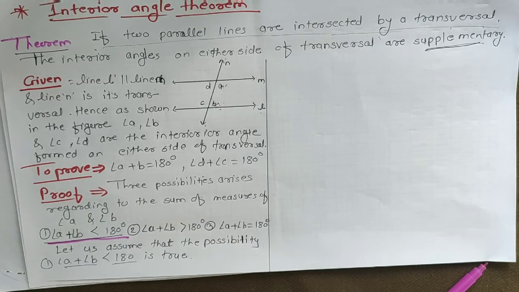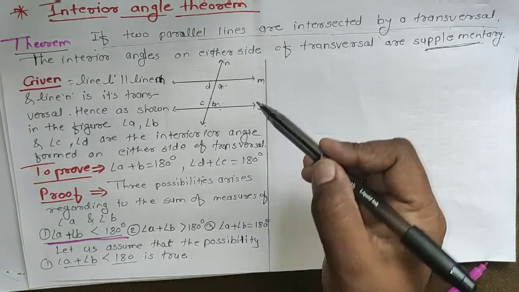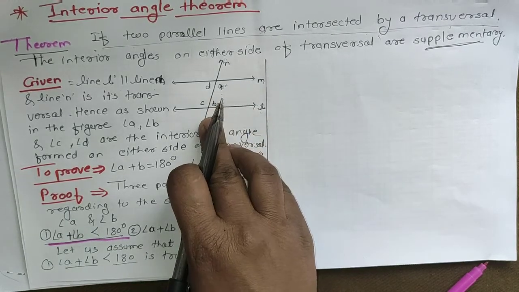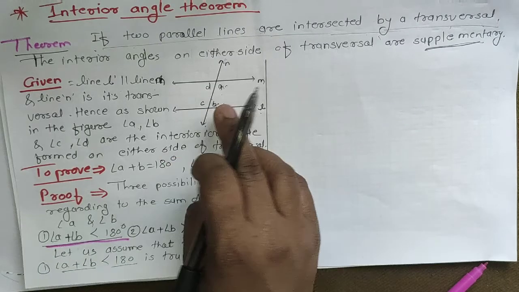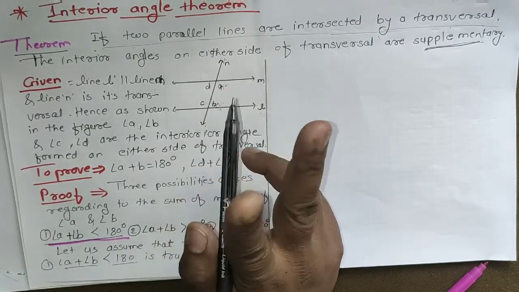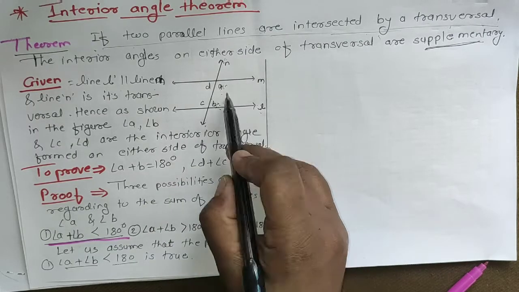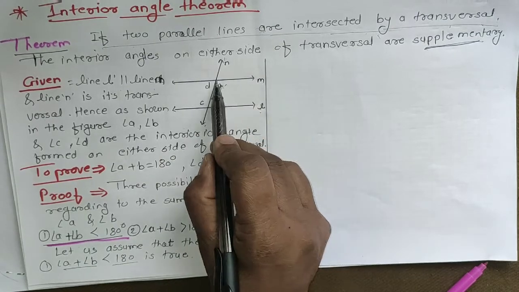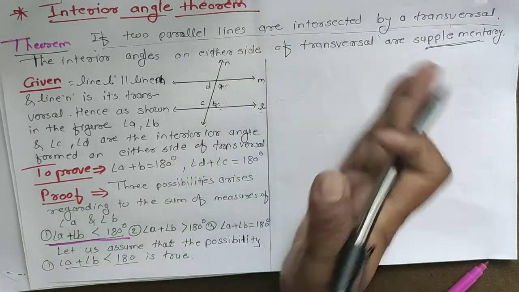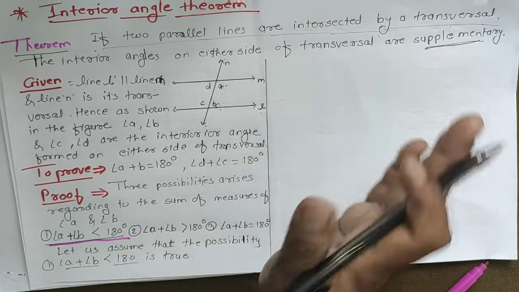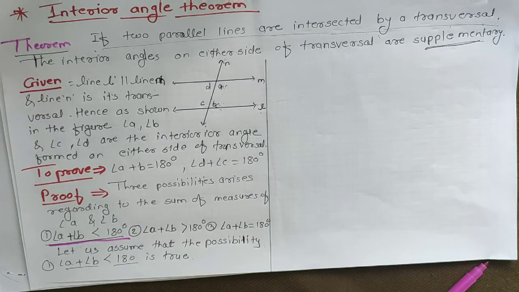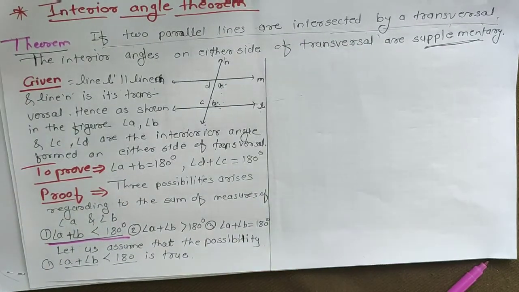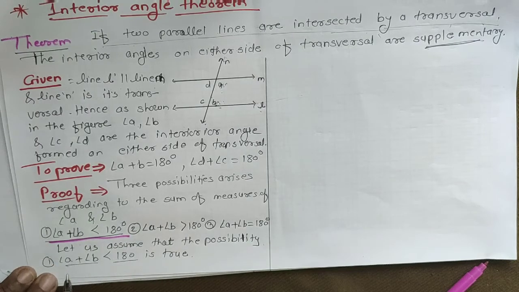Euclid said that if two interior angles form on one side of a transversal, and their sum is less than two right angles, that is 90 plus 90, which means 180, then these lines, produced in that direction, intersect each other on that side. So here, according to Euclid's postulate, we write the reason.